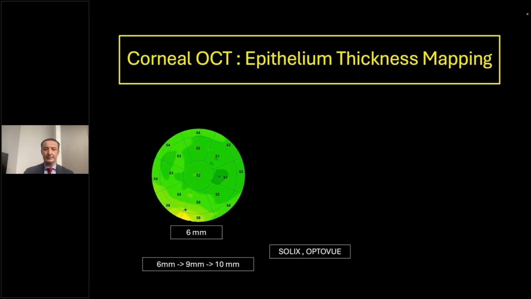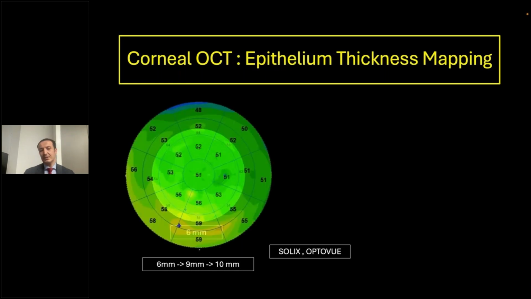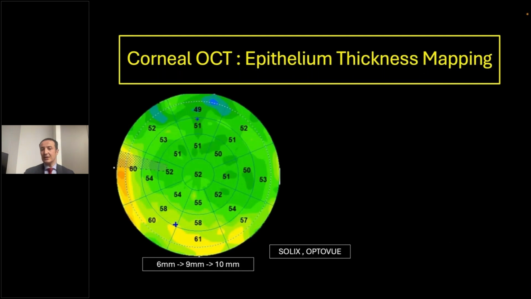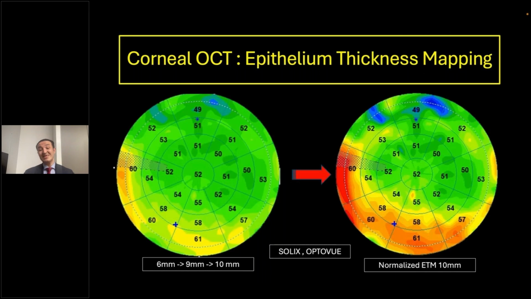The latest development, especially with Solix Optovue, allows the possibility to obtain a very wide corneal topography and epithelium mapping, up to 6 millimeters with 9 and up to 10 millimeters with the Solix platform. And with the adjusted scale, you can detect very slight changes of the epithelium, especially in the area of 7 and 9 millimeters.